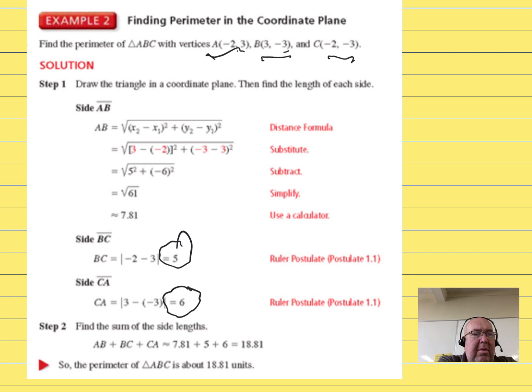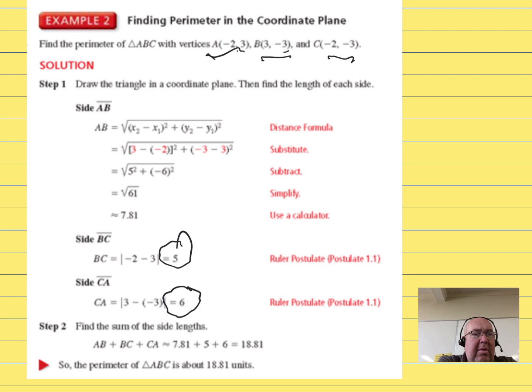Then the final thing we're going to have to use is the distance formula to find the change from A to B. So remember, we're going to go our x value 2, subtract the x value 1, which is a negative, meaning we're going to add that and square that number. And then we're going to find our y value changes from -3 minus 3, which is the value of 6.